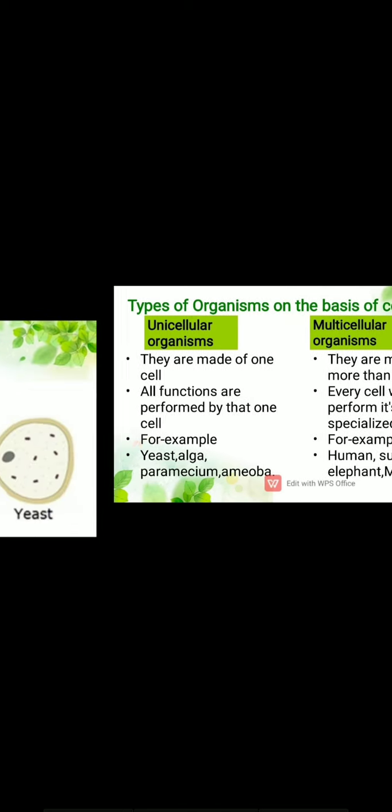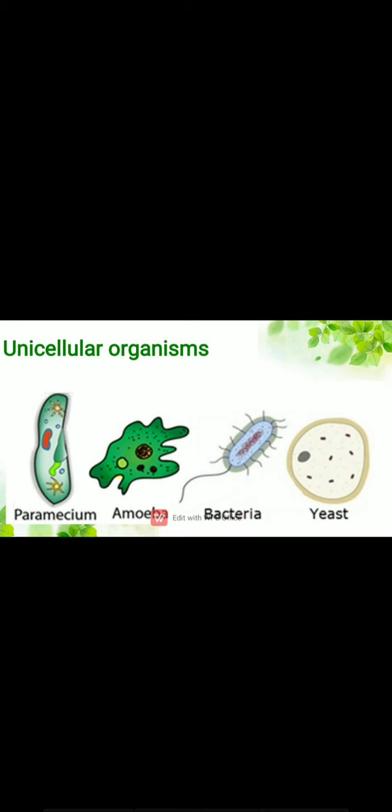The next are some examples. Some examples of unicellular organisms: paramecium, amoeba, bacteria, yeast. These are examples of different kinds of unicellular organisms that are made up of just one cell, and every function of these organisms will be performed by that one single cell.